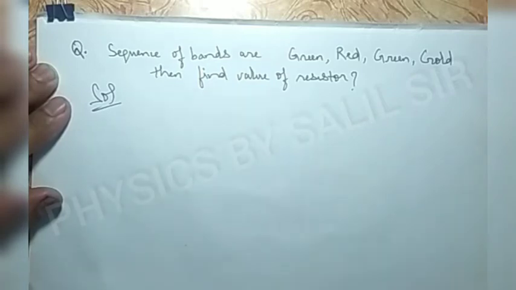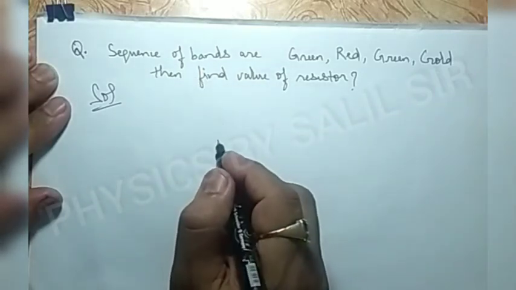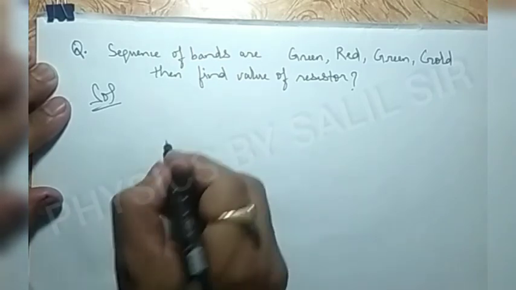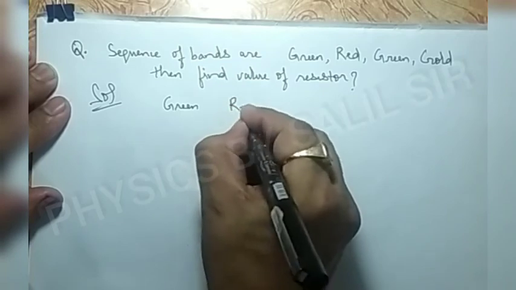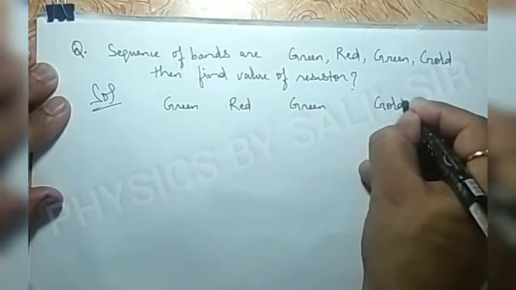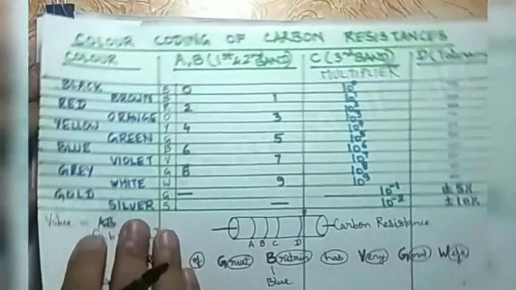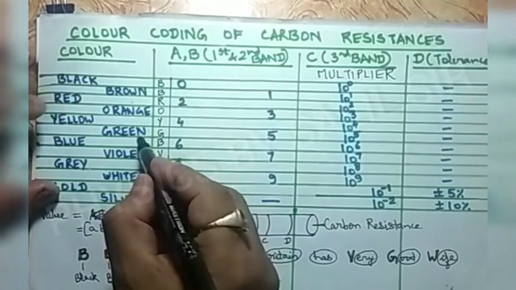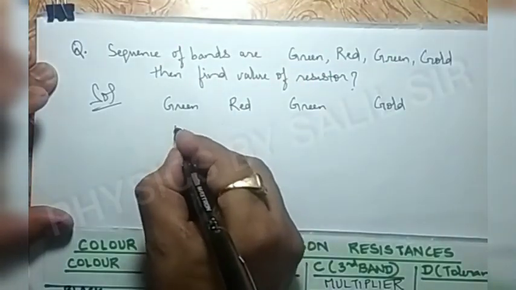Now I hope that you have calculated this. The first color is green, second is red, third is green, and fourth is gold. See the table. For green as the first color, the code is 5, so it will be 5.